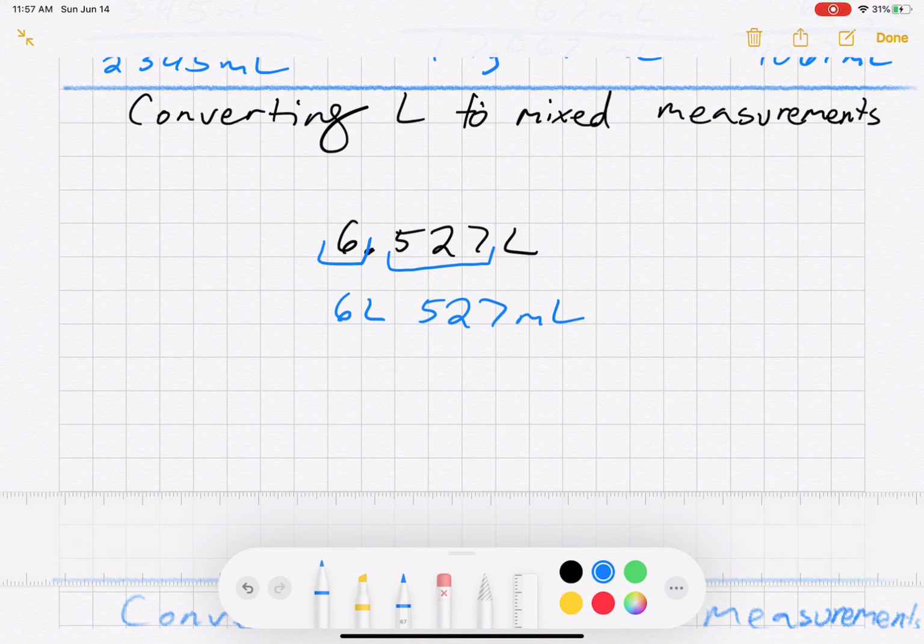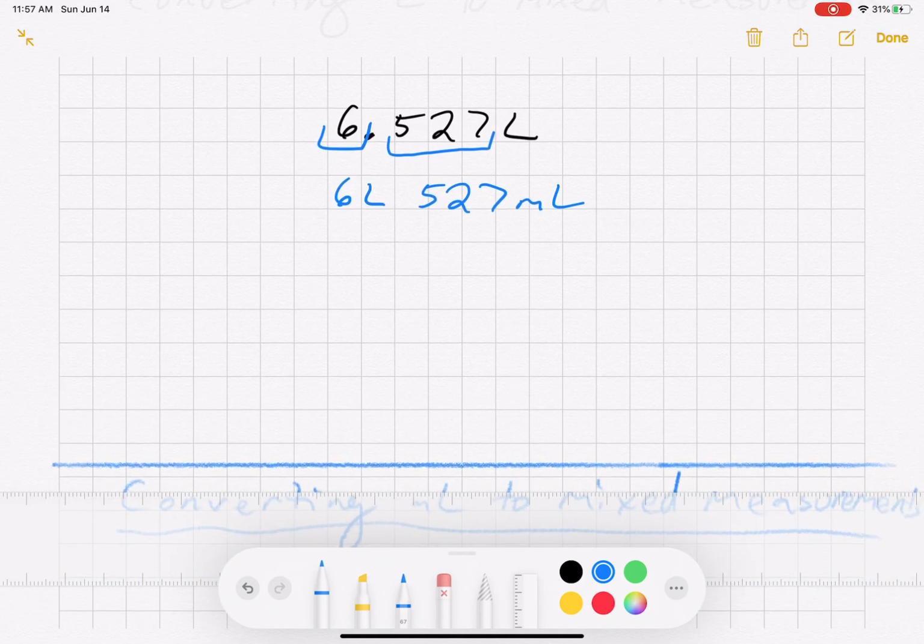So there's a couple problems on the sheet that are going to have you do those, but one thing that I just want to show you real quick. If I had 2.079, okay, I could write 2 liters, and I don't need to put the first 0 there. Okay, this is like writing 79 over 1,000.